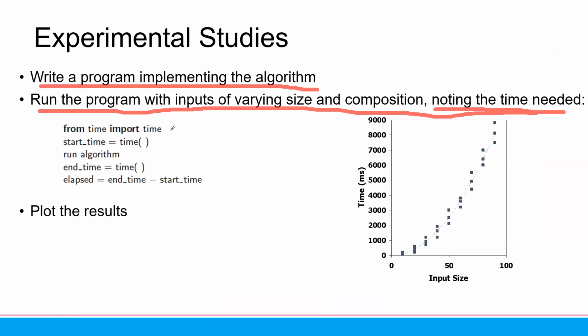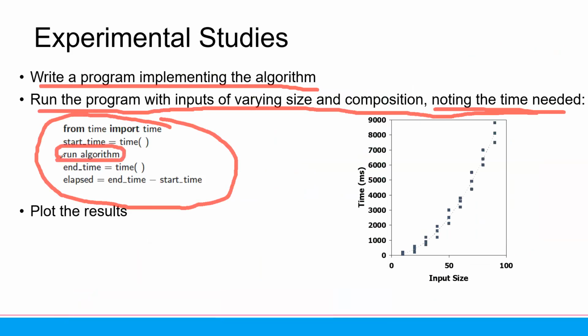So for example, I have this algorithm. I can check the starting time and the ending time, and look at the performance. If the input is 50, what is the time? If the input is 100, what is the time?